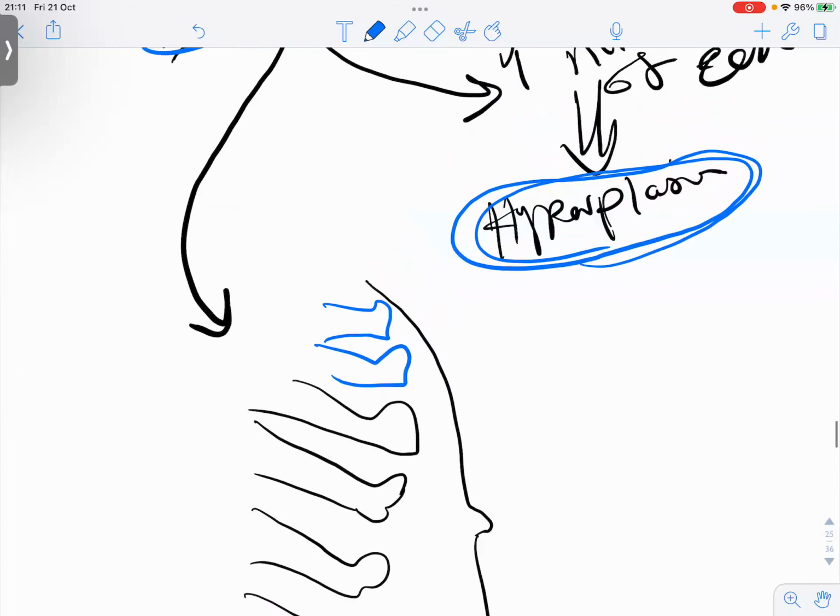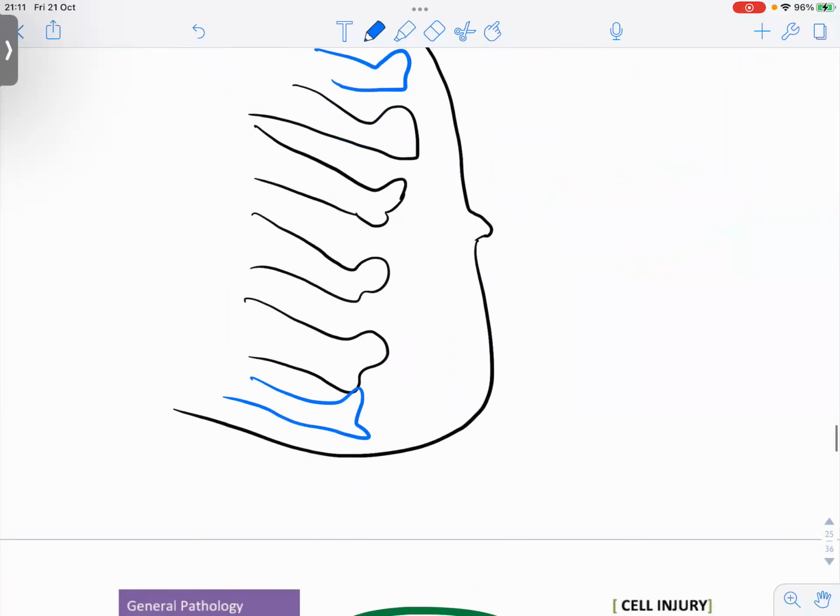It can cause hyperplasia of endometrial cells. It can cause hyperplasia of breast cells. But we will study also during pathological hyperplasia that estrogen also can cause pathological hyperplasia in endometrium and pathological hyperplasia in breast.